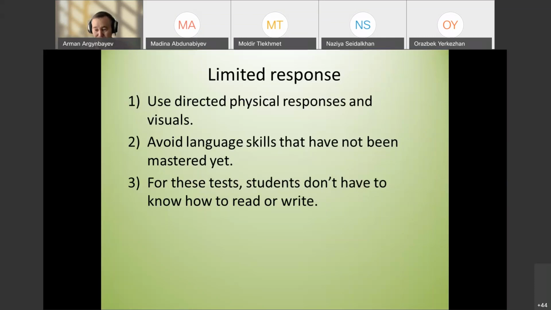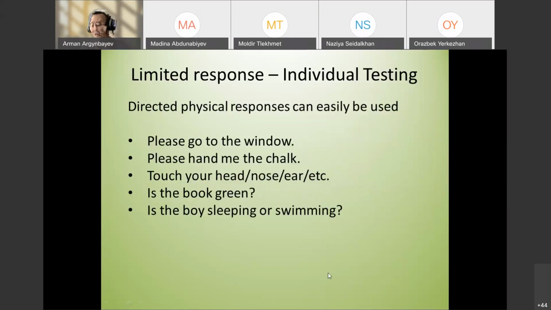Let's continue with examples. For example, we can use physical responses. Like, Marcos, please, can you come up to the window? Please go to the window. Hand me the chalk or come to the board.